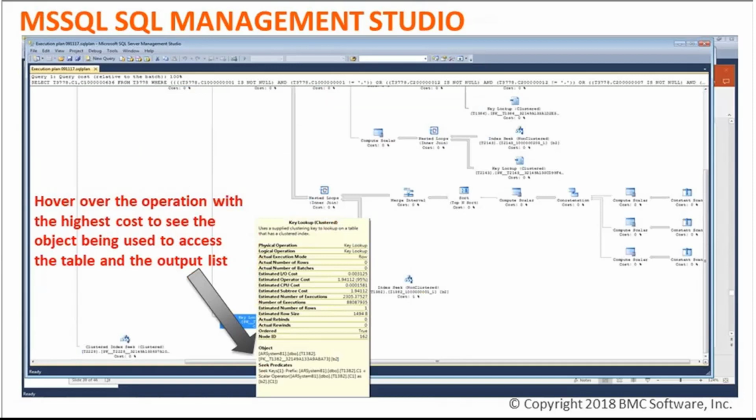For each of those sub-operations, you can do the same thing. You can hover your cursor on that little operation, and it shows you the cost for that particular operation. In this case, somewhere in the middle of that yellow box is something called the estimated subtree cost. In this case, it's 1.94.